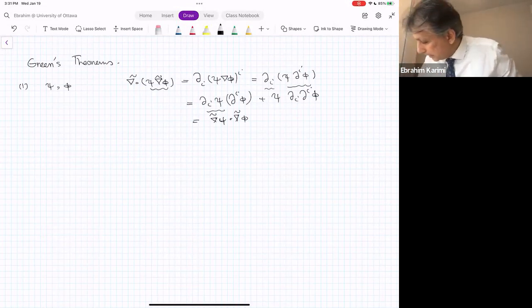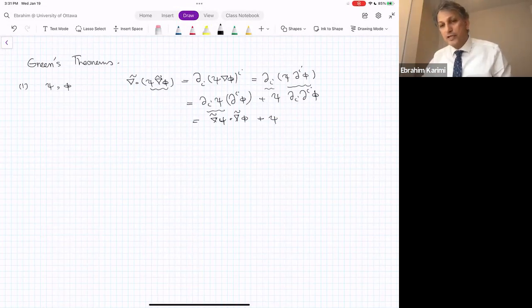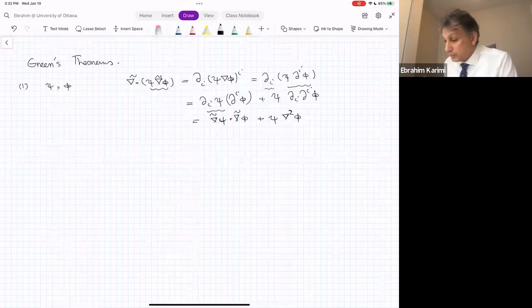And then the second one will be psi times the derivative with respect to x, derivative with respect to x of phi, which will be the Laplacian, of course. Good. So the divergence of psi gradient of phi is gradient of psi dot gradient of phi plus psi Laplacian of phi.